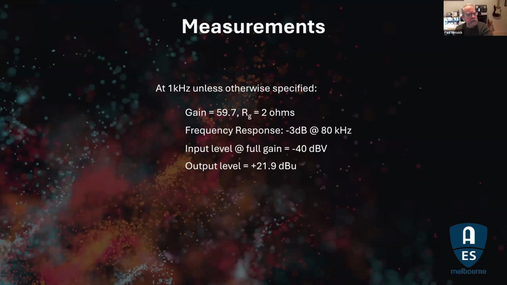The OPA1612 can actually drive at its distortion spec, minus 136, rail to rail into 1K. I think it actually will go down to 600 ohms, but it might not quite get rail to rail. But I know that it does rail to rail into 1K.